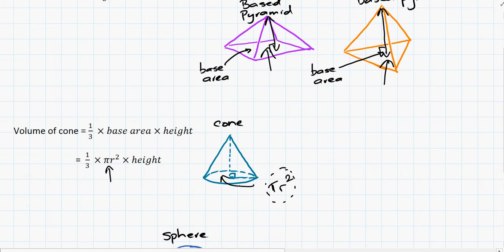So work out the area of that base, multiply it by the height of the cone, which is the perpendicular distance between the vertex of the cone and the base area, so that height there. So the base area times the height will give you a result, and then divide that by 3.